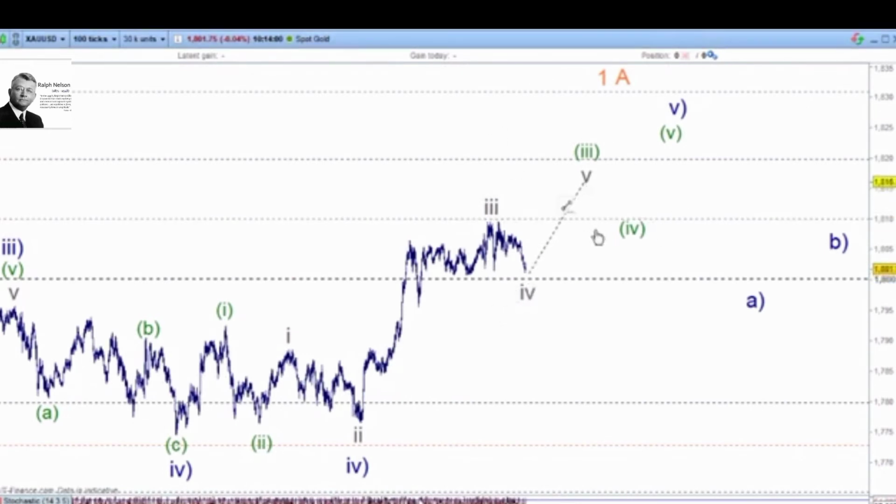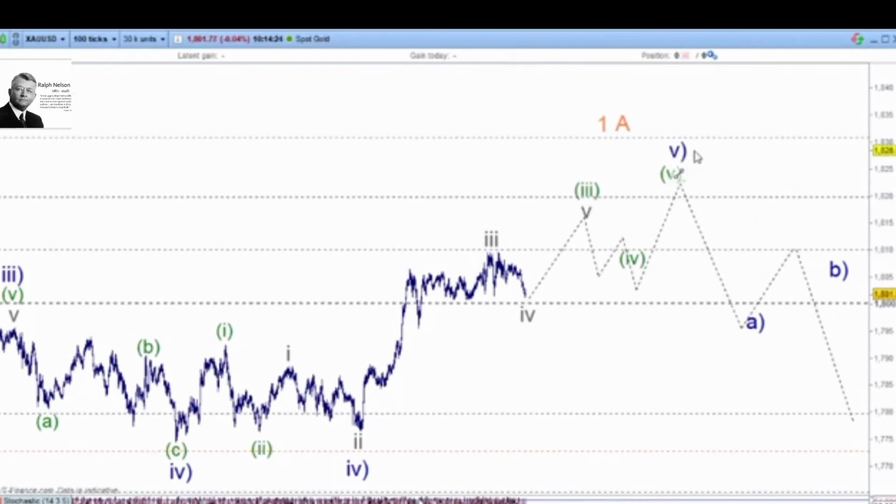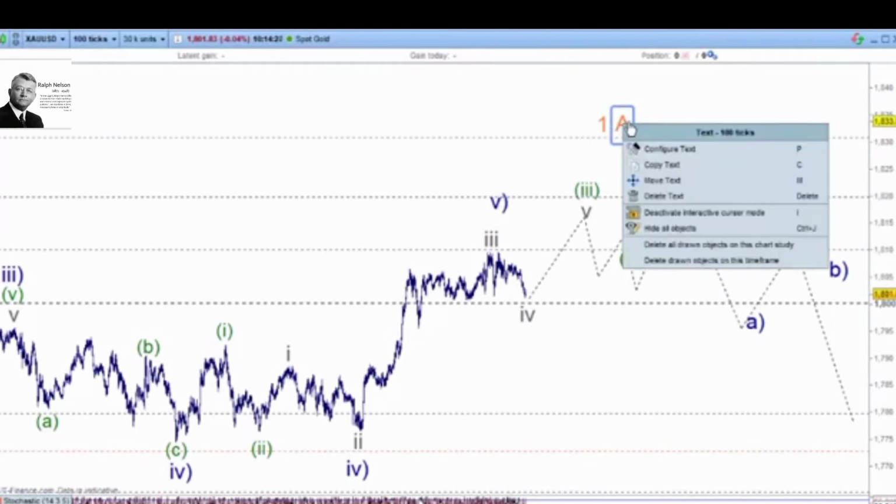I mean, I just haven't really pondered the situation, but it would be something like this anyway. So we just got to see, really. We just got to wait and see what we've got getting at this point.